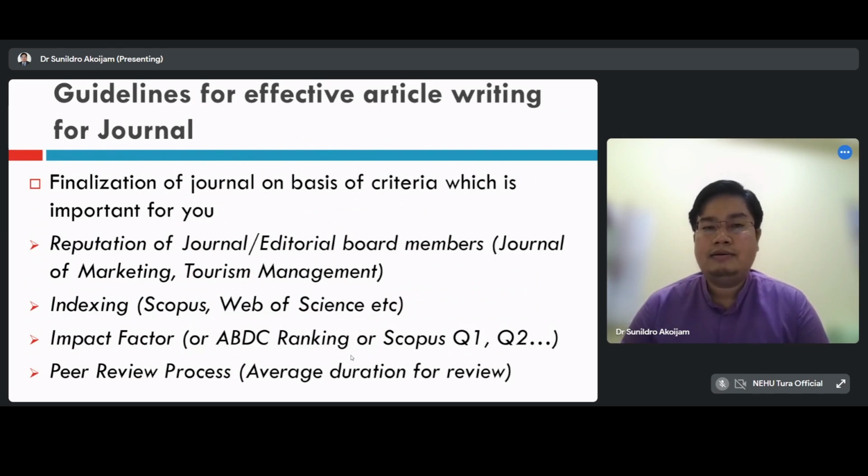Since you are related to a particular field or domain, you should be knowing who the pioneer researchers in your respective field or discipline are. Accordingly, any journal having those reputed or pioneer people as an editor or editorial board member, you can rely on those journals.